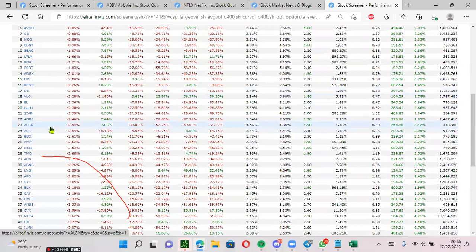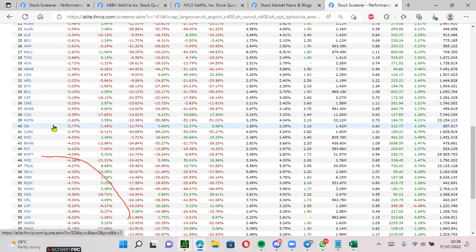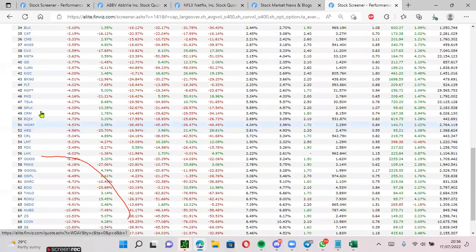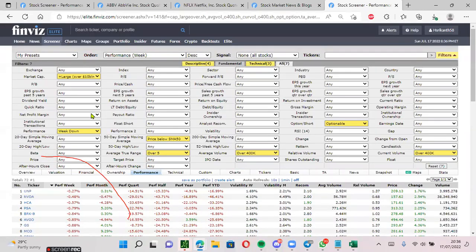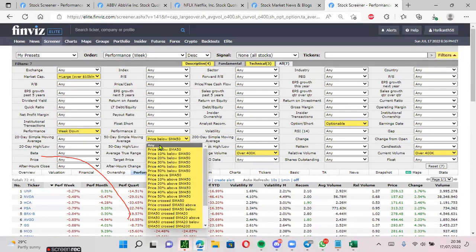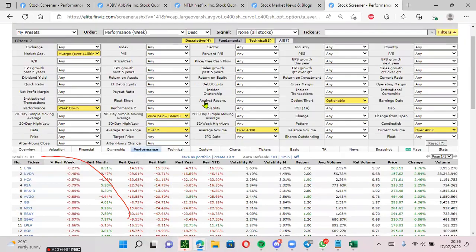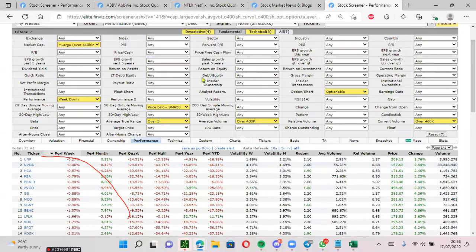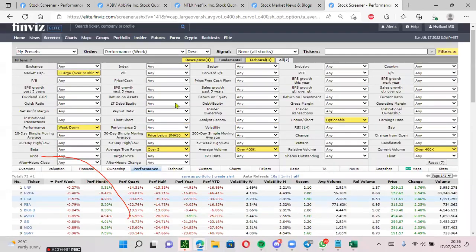Adobe, Lulu, Booking, Tesla is also bearish, considering the overall performance of the week. So you can just play, you can trade.